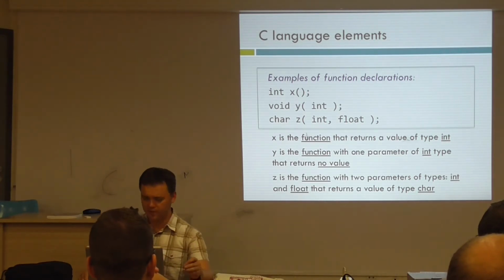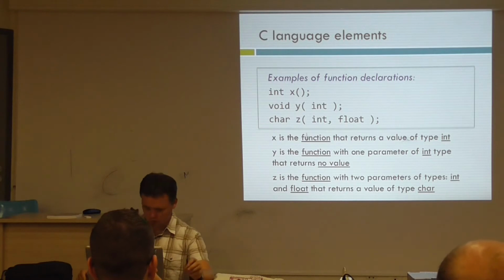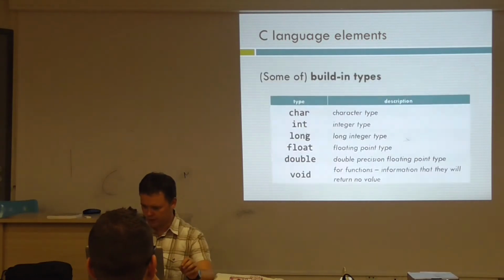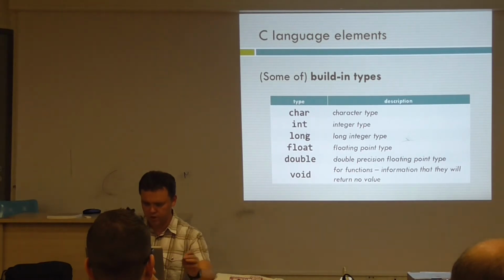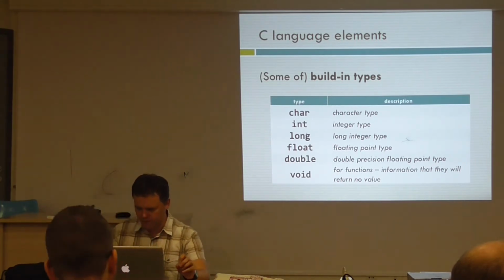Y is also a function with one parameter of int type, and of course it will return no value. Okay, so char, int, long, float, and void used for some functions and identifiers are described in that slide.